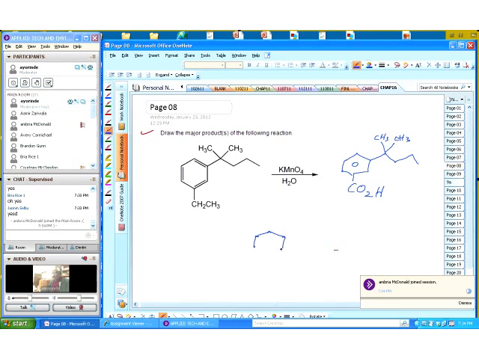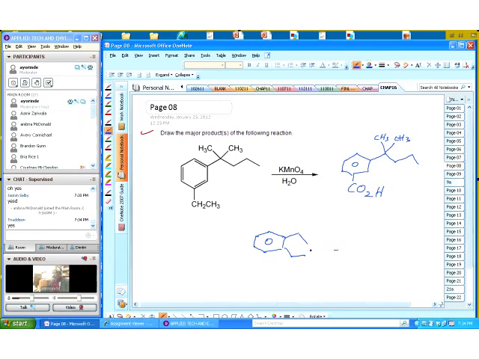Supposing I have that, what will be the product? Two carboxyl groups.